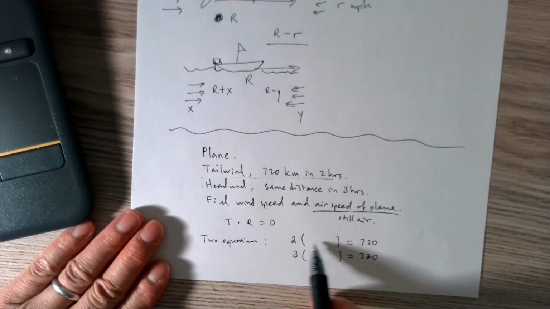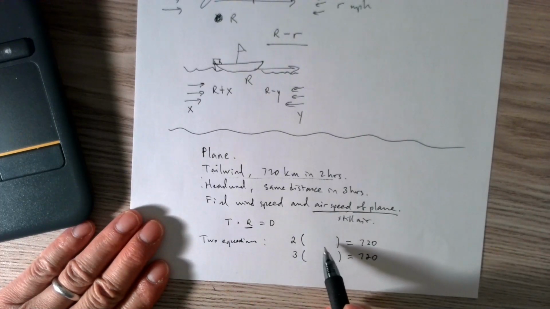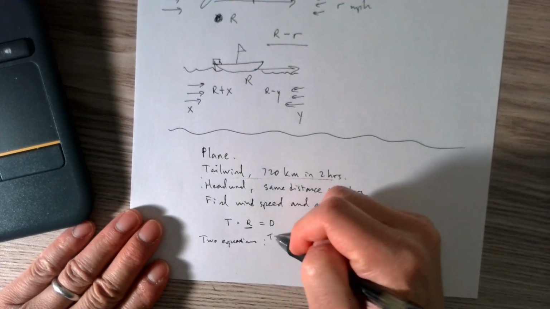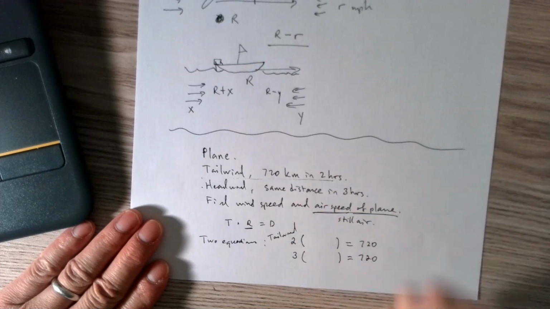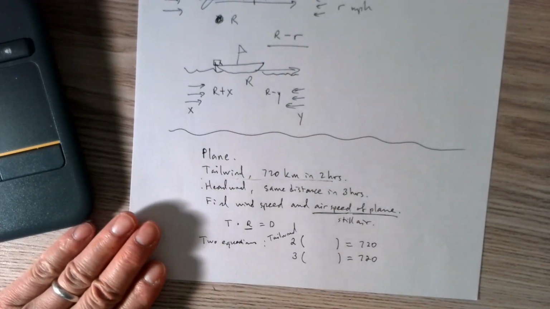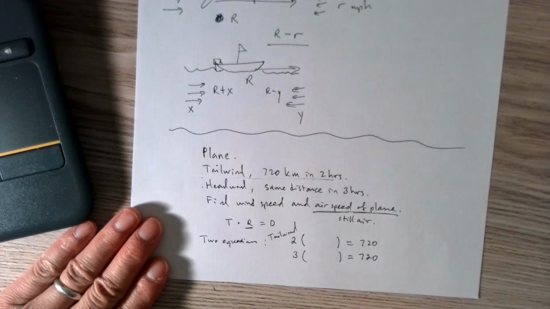Now let's take care of that rate. Now the rate is not going to be some single number, because since this is the tailwind equation, that means I have to take the airspeed of the plane and add to it the wind speed, both of which I don't know. So I have to use variables for both.